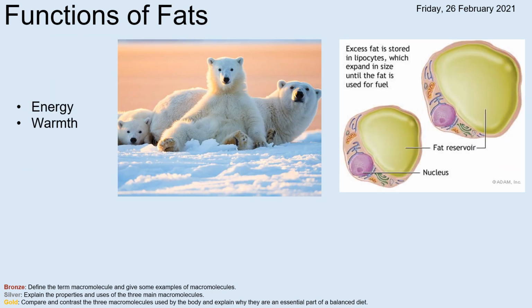So, functions of fats then. Fats have two main functions: energy and warmth. This polar bear here has a thick layer of fat, or blubber as we'd call it in a seal or walrus or something like that. This polar bear has its thick fur, but it also has a thick layer of fat underneath that fur coat so that it can be kept warm.